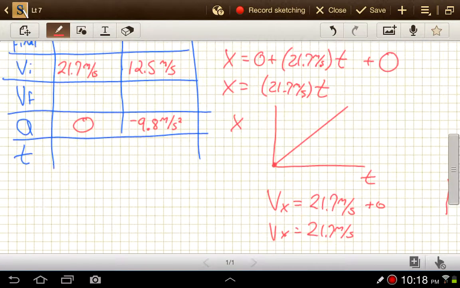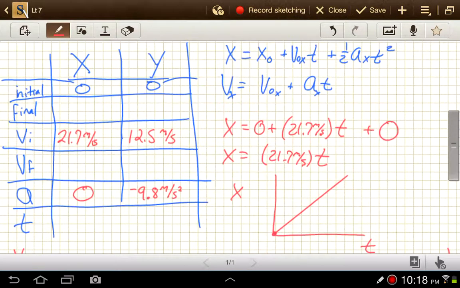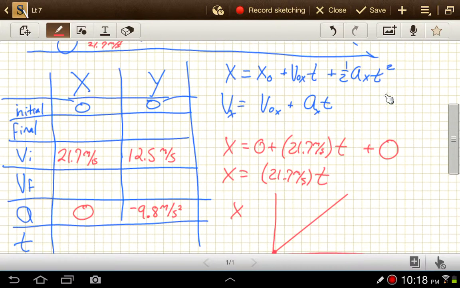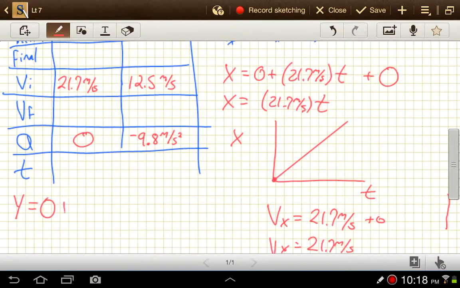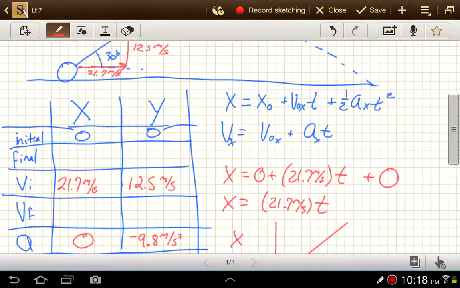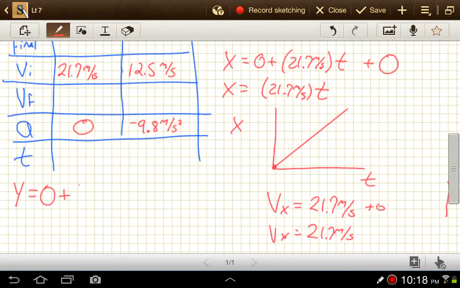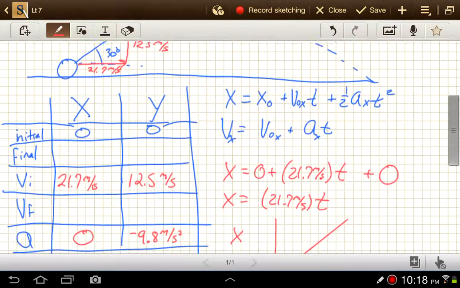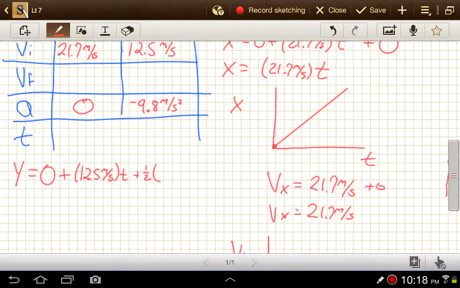Alright, now the y direction is a little more interesting. So we do the y position as a function of time. Just use this equation, but substitute in y's instead of x's. So y naught is 0, plus the initial velocity in the y, 12.5, times time, plus 1/2 times the acceleration in the y, negative 9.8 meters per second squared, times t squared.